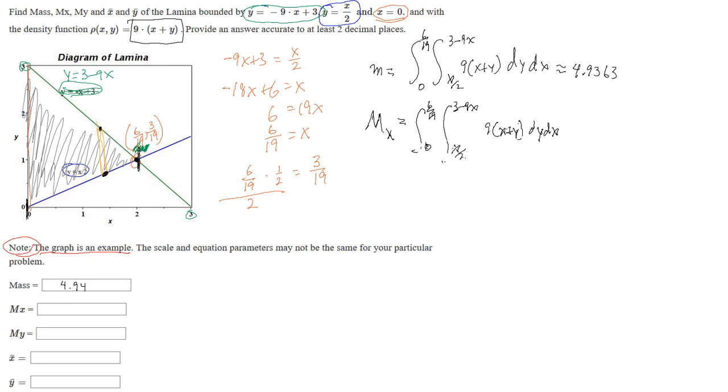However, the moment about the x-axis, we need the distance from the x-axis, which would be y. So again, we can just take out our TI-89, insert a y in that spot, and we have that moment. Which we'll go ahead and round.